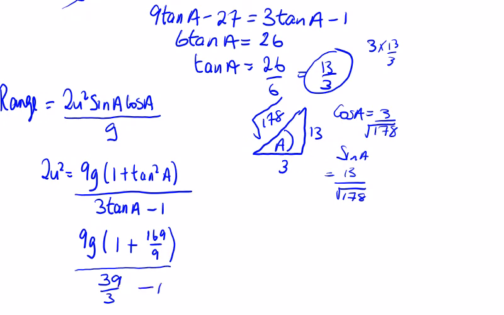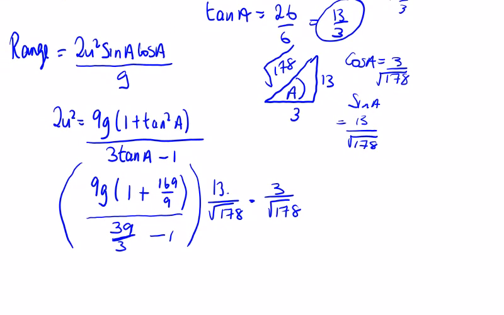They can get a little bit long-winded, these questions, so I've got to multiply this by sine a cos a, which is 13 over root 178 times 3 over root 178, and then I've got to divide by g.